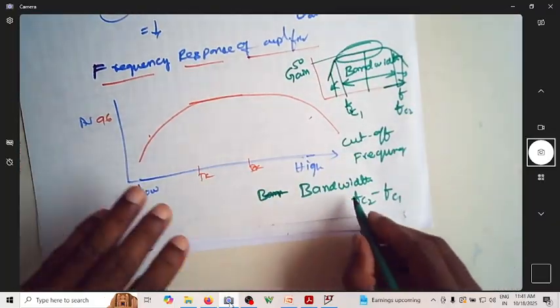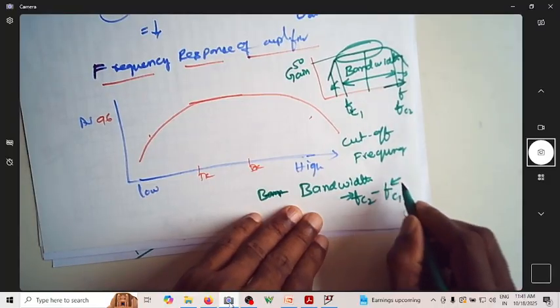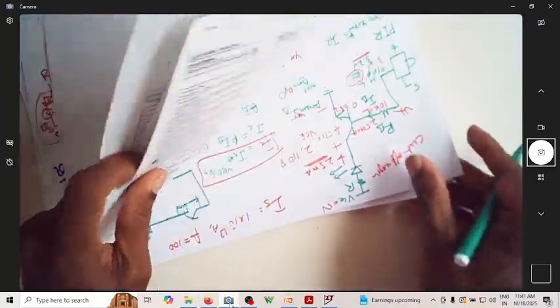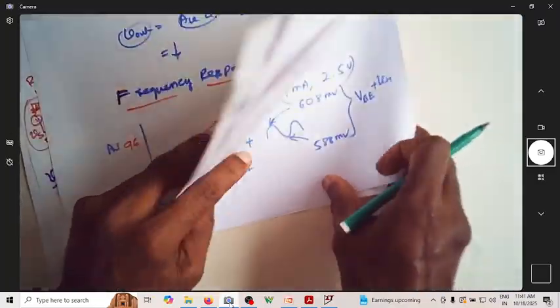The frequency of the input signal should be well within this so that you will have a good gain. The question is, how did we locate this fc1 and fc2? For that, I hope all of you know the relation between power and voltage.